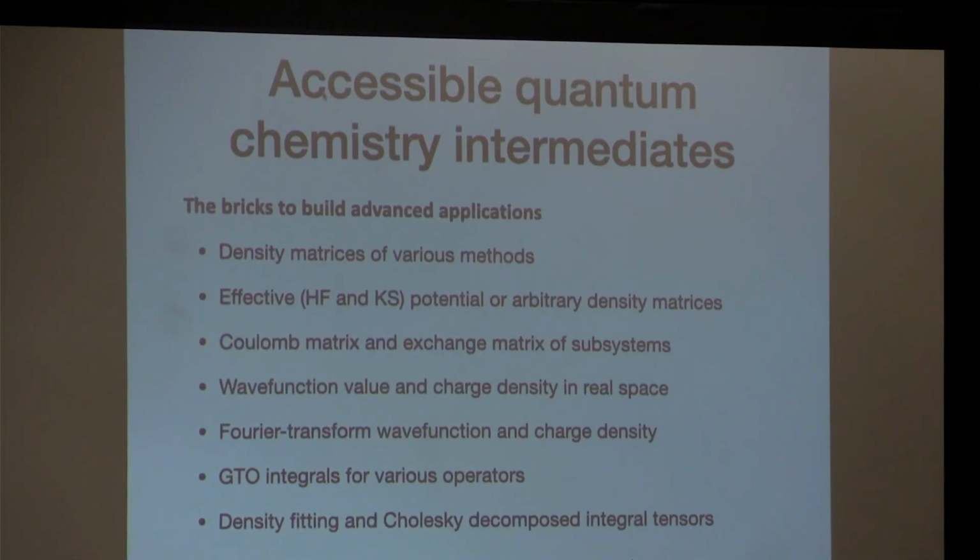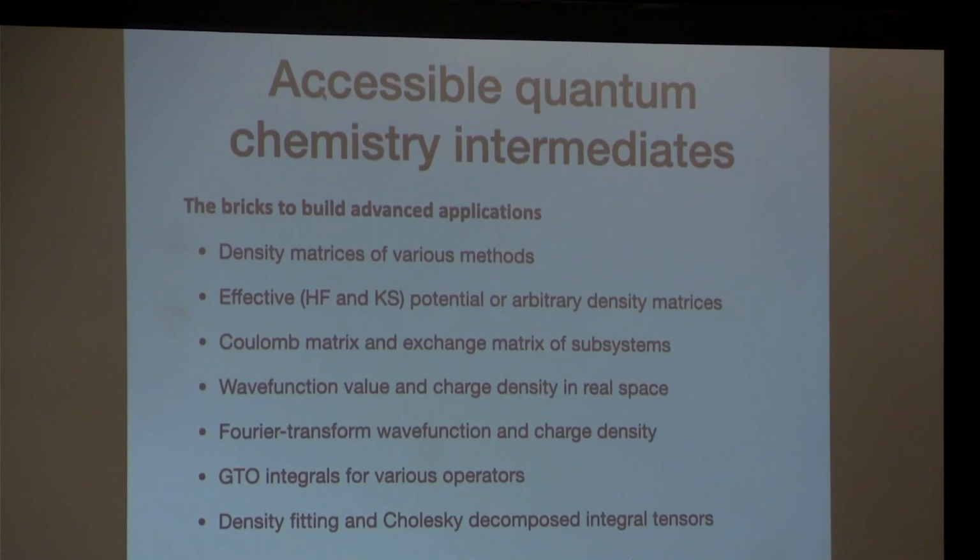So you may have the question of why we need those intermediates. Basically, I would say they are the bricks to build advanced theoretical chemistry tools. For example, we often need the density matrix of a given method. We need an efficient way to build the Coulomb matrix, exchange matrix, or the Fock build for a subsystem of the entire system if you wish to do certain divide-and-conquer types of algorithms.